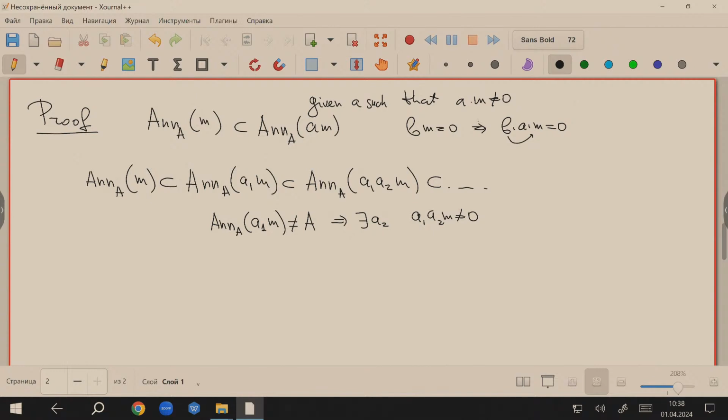You may think of chains of such modules, and consider the maximal elements in the chain.